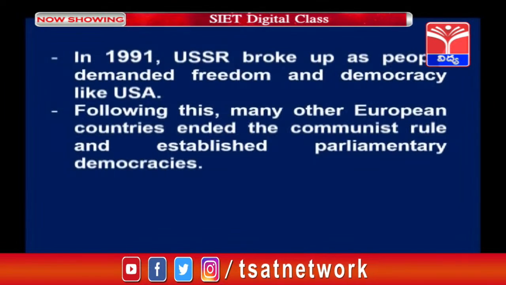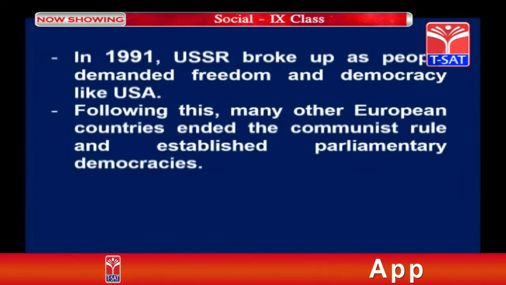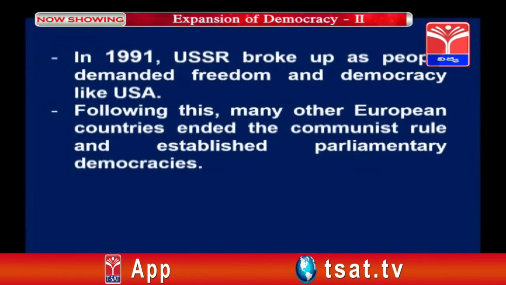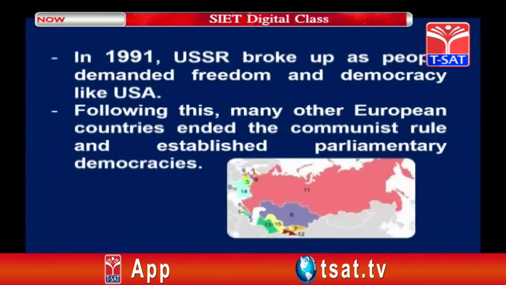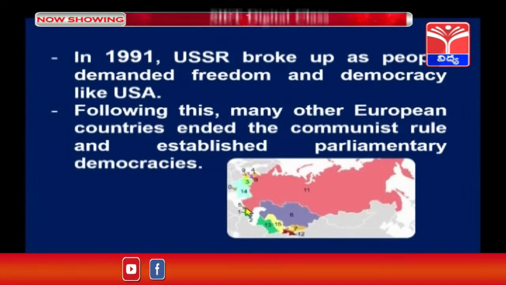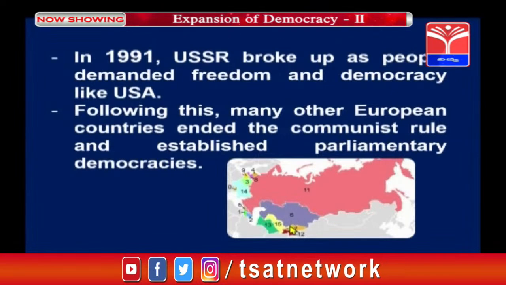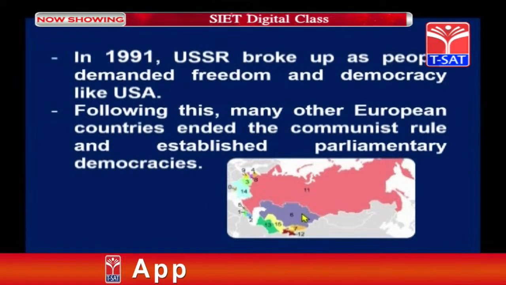Following this, many other European countries ended communist rule and established parliamentary democracies. So previously the USSR, later it broke up into independent democratic countries.